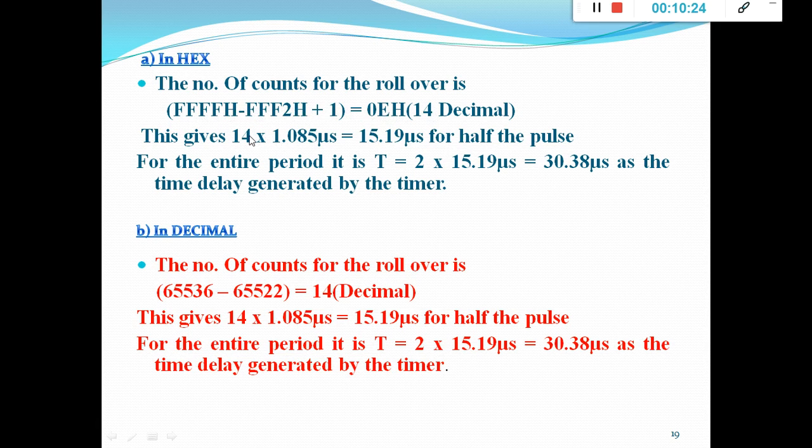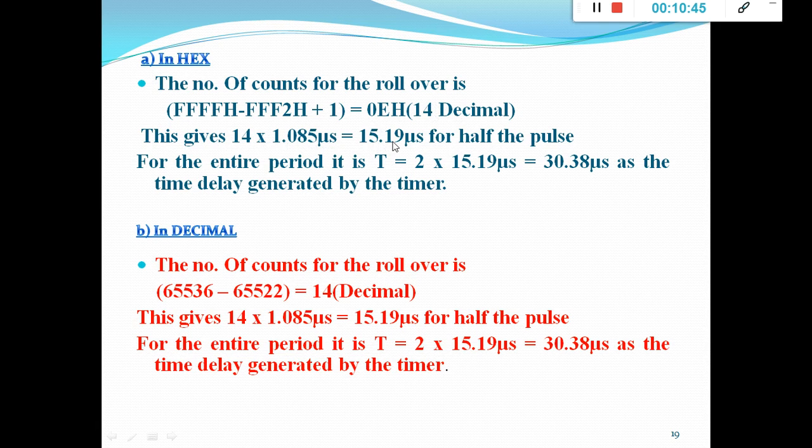After that you have to take that 14 and multiply with the period, because delay is equal to number of counts into period. So the number of counts is here E into 1.085 microsecond. Before calculating this, first you have to convert this E into decimal, that is 14. 14 into 1.085 microsecond.